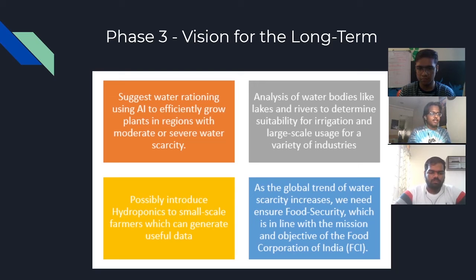And I think I speak for not only India but for the whole world, as food security is a problem which the whole world is going to face in a reasonably short amount of time. So I think our problem and our solution can solve that to some extent.